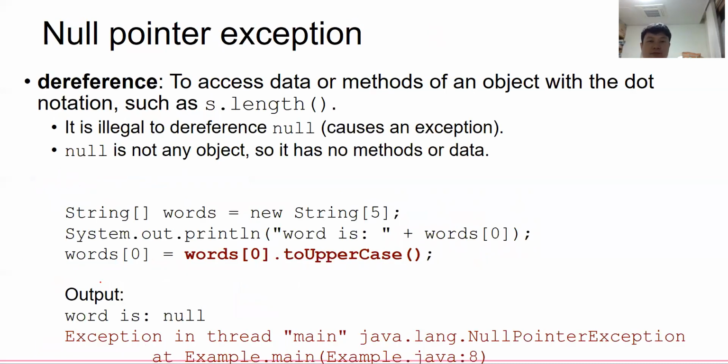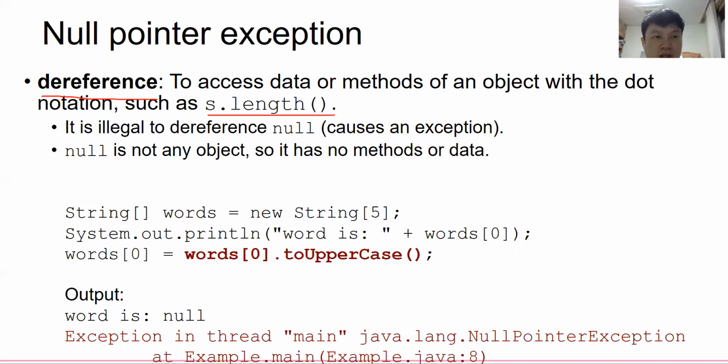And this is another thing. When you have null, there is a kind of exception. What is the exception? When you have null, there is the dereference: accessing data or methods of an object with dot notation, such as the slang.